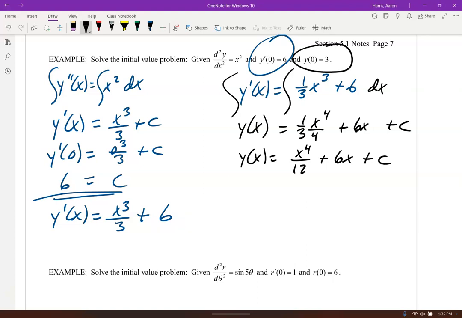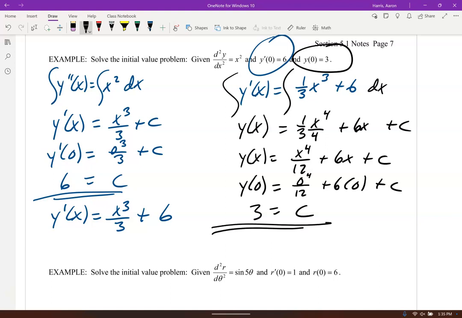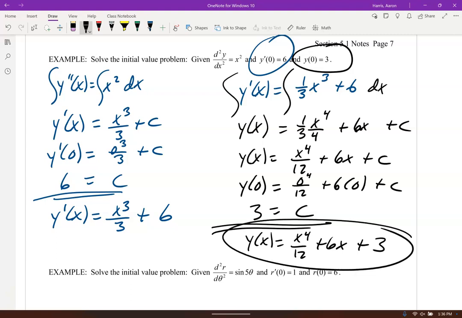But I've got to use the fact that y of 0 is 3. So it looks like my constant is 3 when I plug that in. So y of x is x to the 4th over 12 plus 6x plus 3.